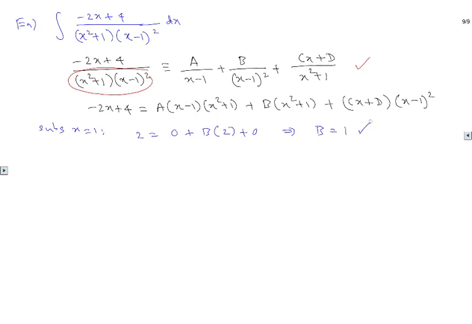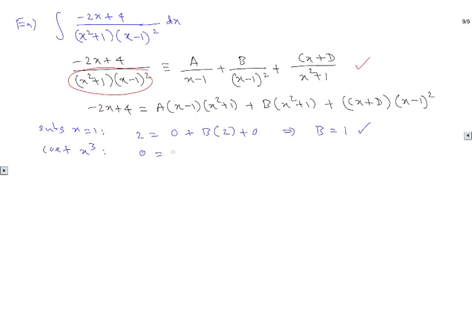Now what we're trying to do is start always with the largest power and then start writing the coefficient. So the largest power is x cubed. In x cubed, there is no x cubed on the left side, so it's 0.